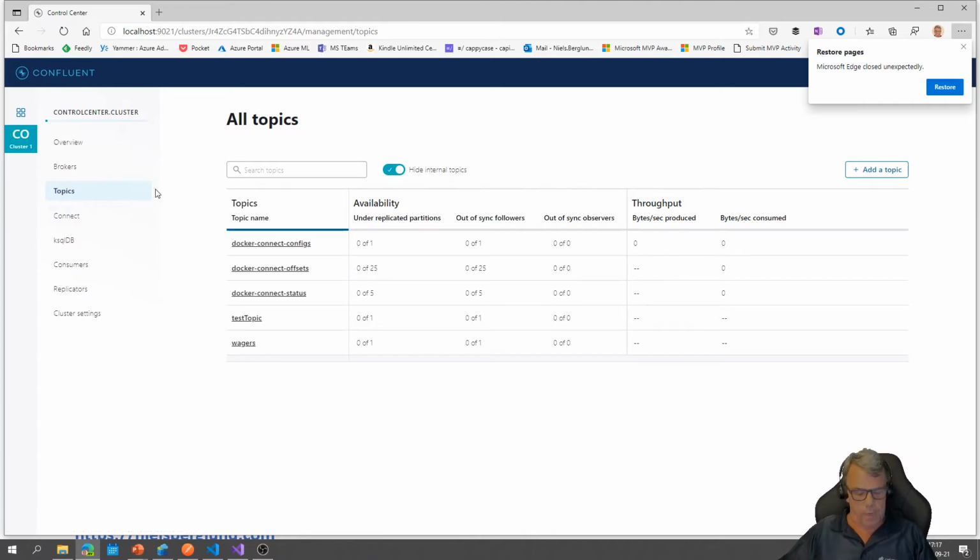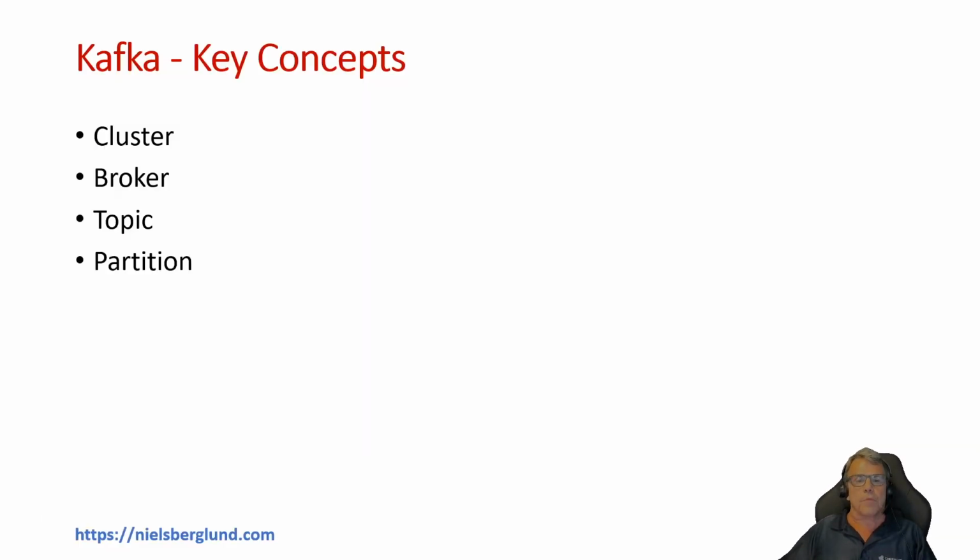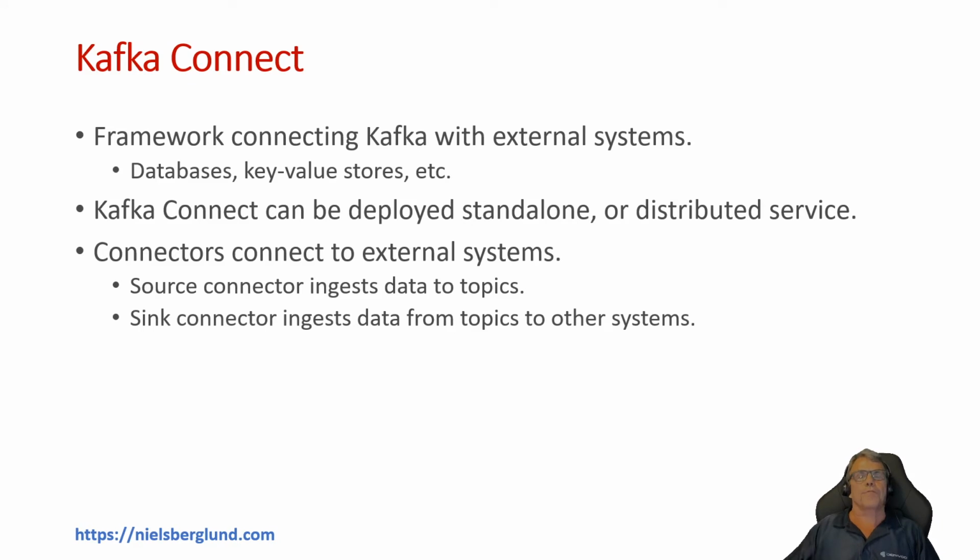Right. Kafka Connect. So for what we are talking about today, Kafka Connect is important because that allows us to connect Kafka to other systems, to external systems like databases, key value stores, etc. And in Kafka Connect, we are using connectors to connect to external systems.